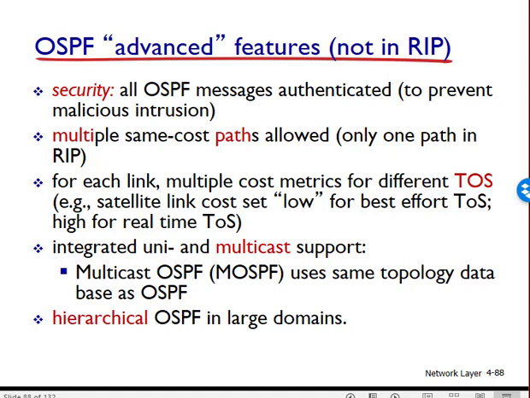Multicast OSPF provides simple extensions to OSPF to provide for multicast routing. MOSPF, as it's abbreviated, uses the existing OSPF link database and adds a new type of link state advertisement to the existing OSPF link state broadcast mechanism.